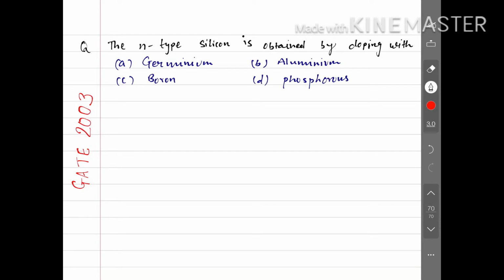Silicon based semiconductor is of two types. One is known as intrinsic semiconductor, and another one is extrinsic semiconductor.